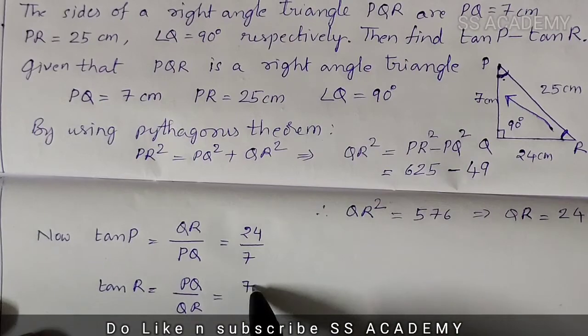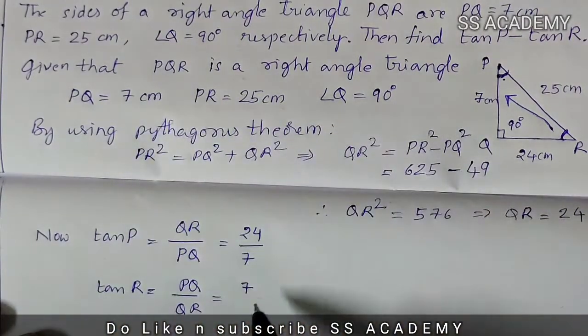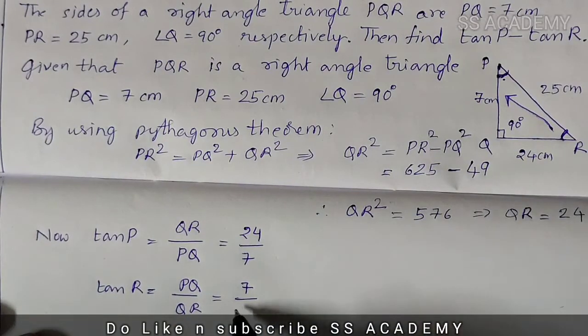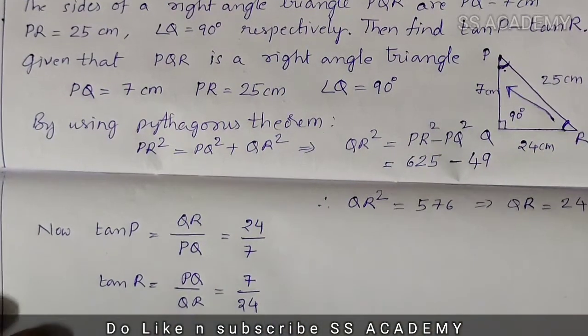PQ is 7 centimeters and QR equals 24 centimeters.